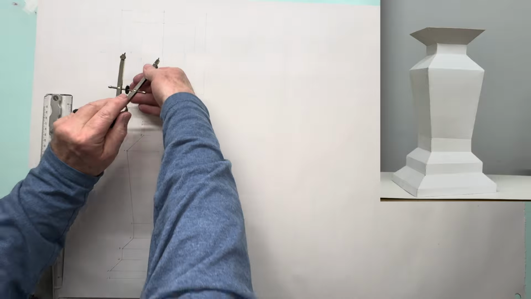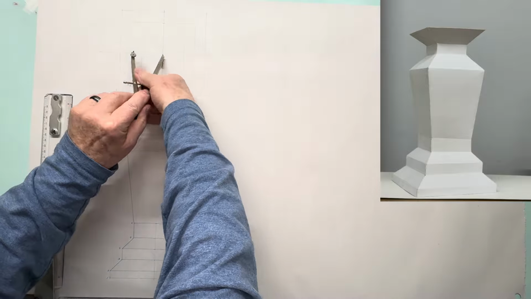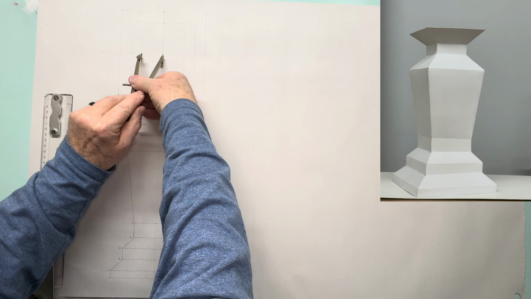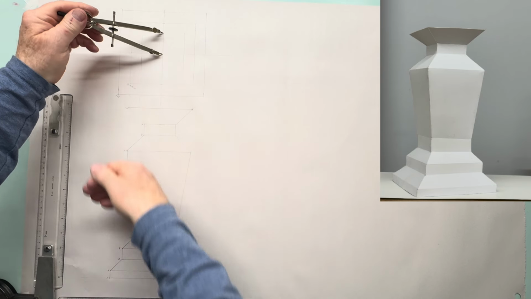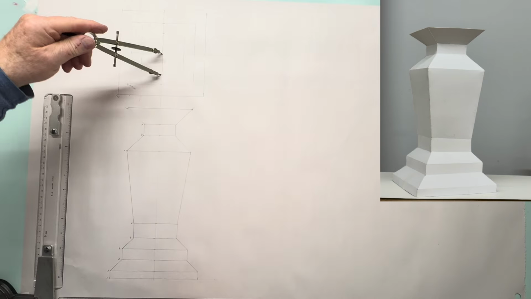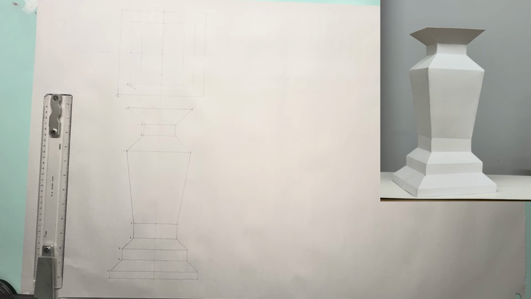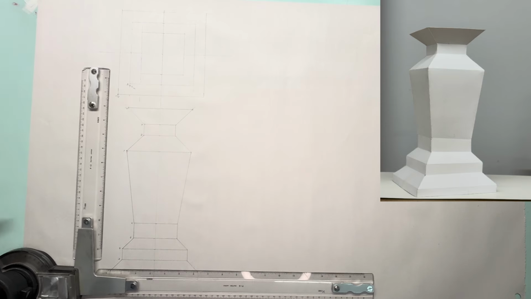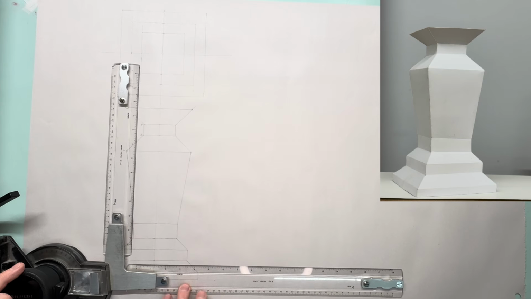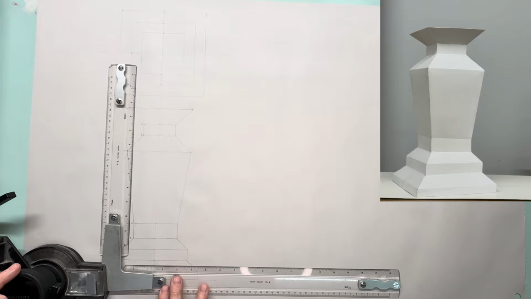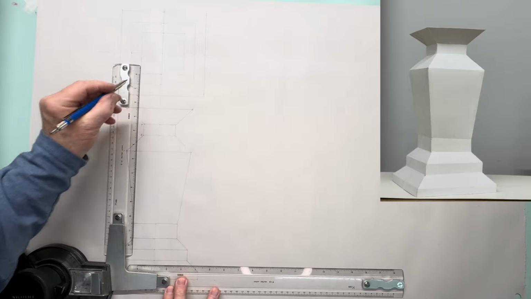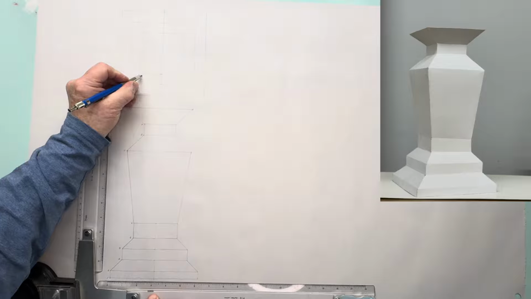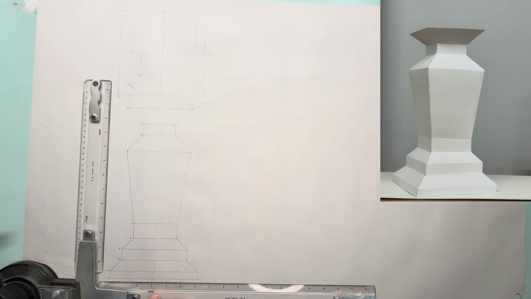And we can do the same thing. We can either measure it, or because it is square, we could take the distance from here to here, and I could put it here and here, knowing that it's going to be exactly the same. And we can identify it. So I know that it's going to be 5 and 6. So that means that that is going to be for 5 and 6.